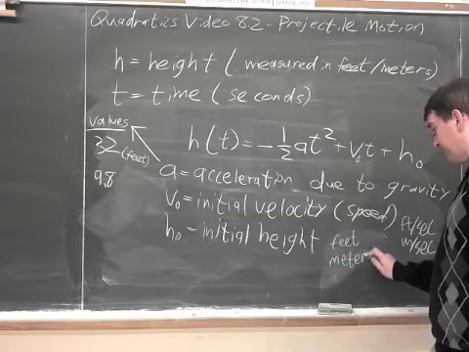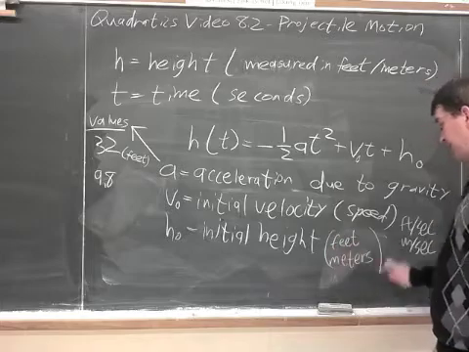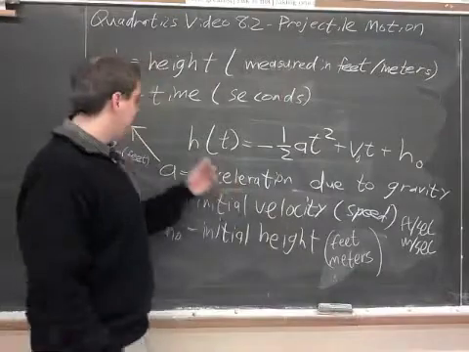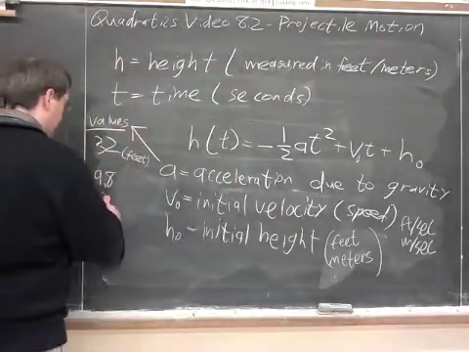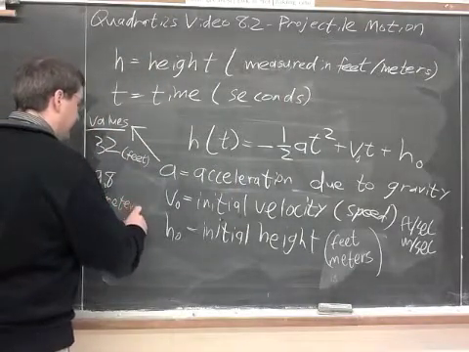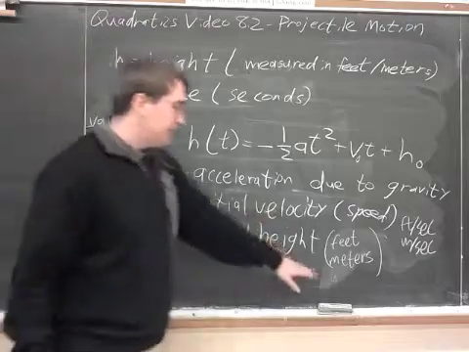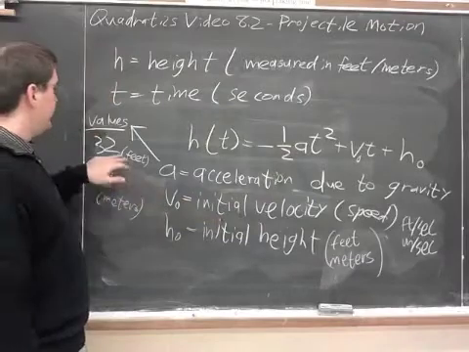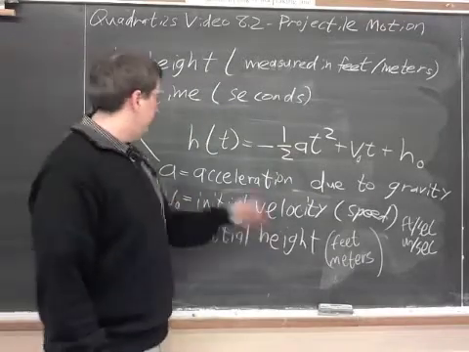There we go. And however these things are measured, velocity and height, that determines which of these two numbers you'll use. If the speed and height are in meters per second and meters, then we'll use 9.8 for a. If speed and height are measured in feet per second and feet, then we'll use the 32.